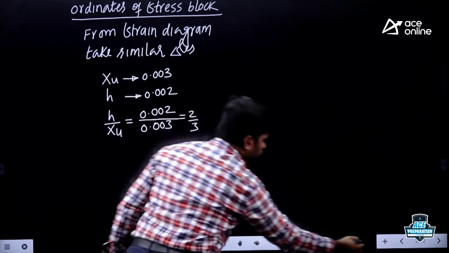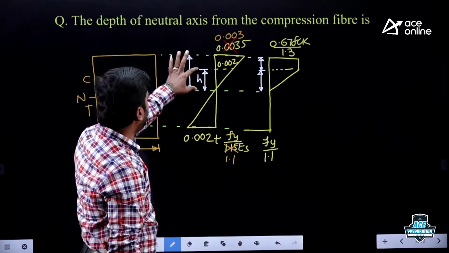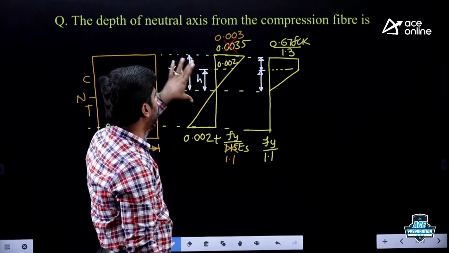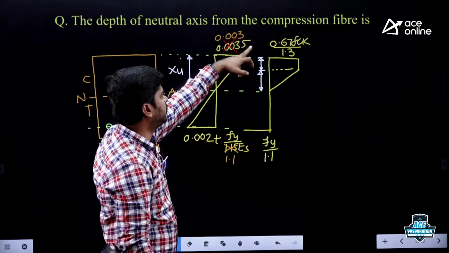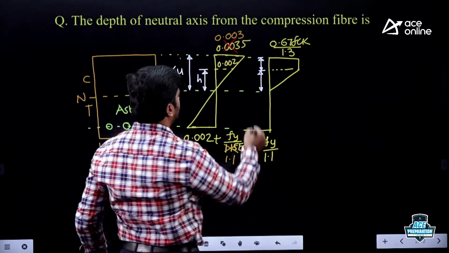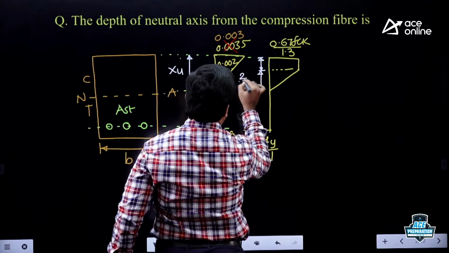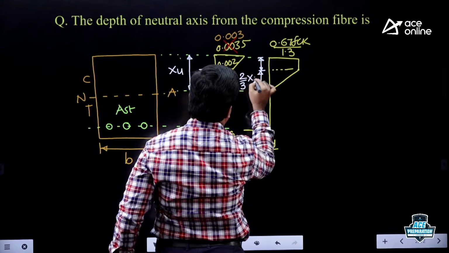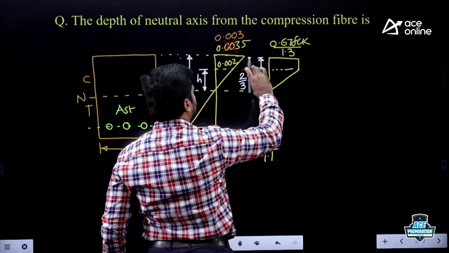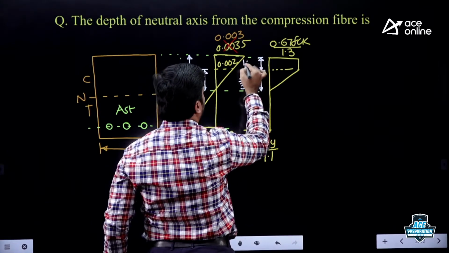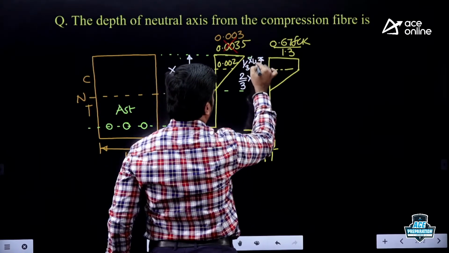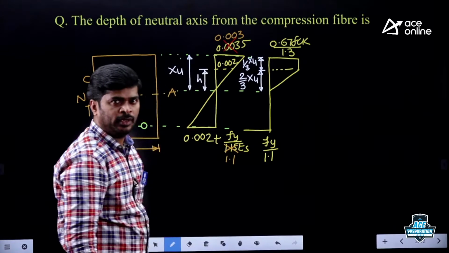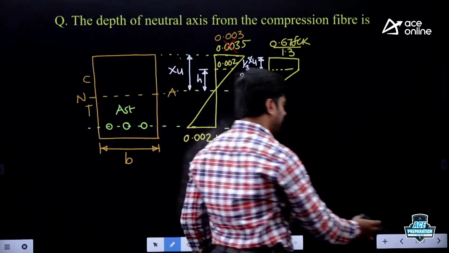If you check once, for a height H, strain is 0.002. For a height XU, strain is 0.0035. If I simplify, I am getting H is 2 by 3 XU. Total is XU. If it is 2 by 3 XU, remaining is 1 by 3 XU. Okay? Ordinates of the stress block we are getting.